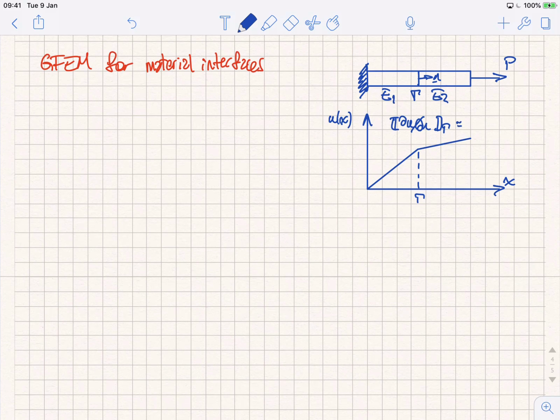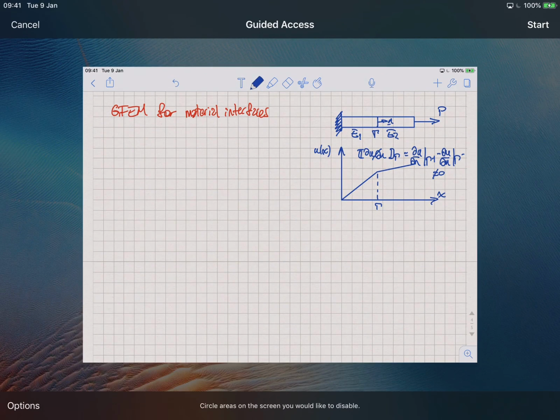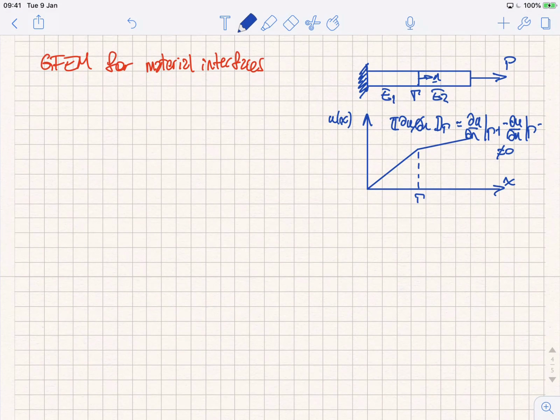So the way you define the jump is you take the derivative of that field and you evaluate that to the right, and then you do the same to the left. And then this is basically not equal to 0. Okay? So that's what it means. You have a jump in the gradient.